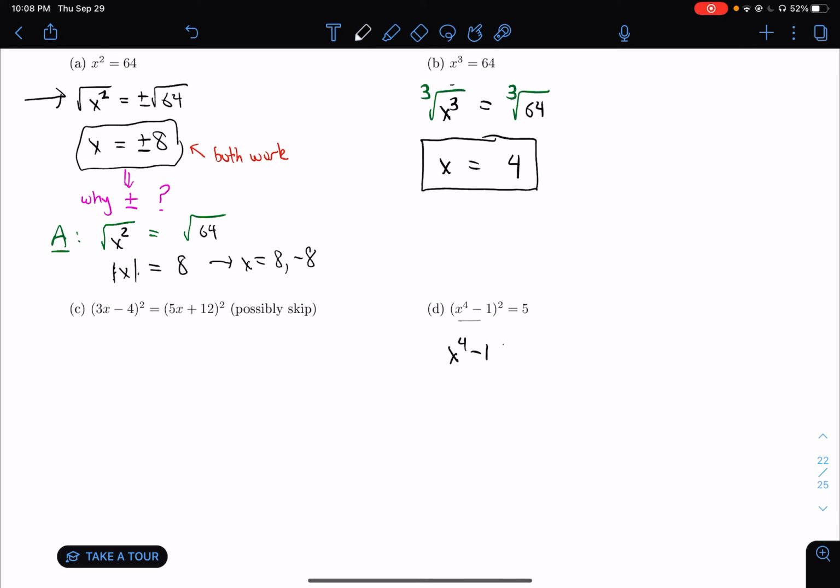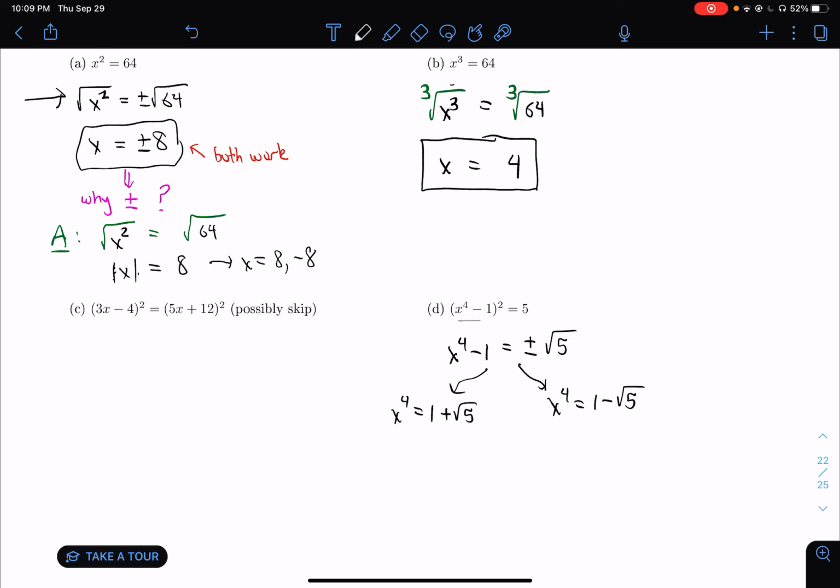On the right, I'll get square root of 5, but I got to put a plus or minus. Now I have two possibilities. If I add the 1 over, one possibility is x to the 4 equals 1 plus root 5. The other possibility is x to the 4 equals 1 minus square root of 5.